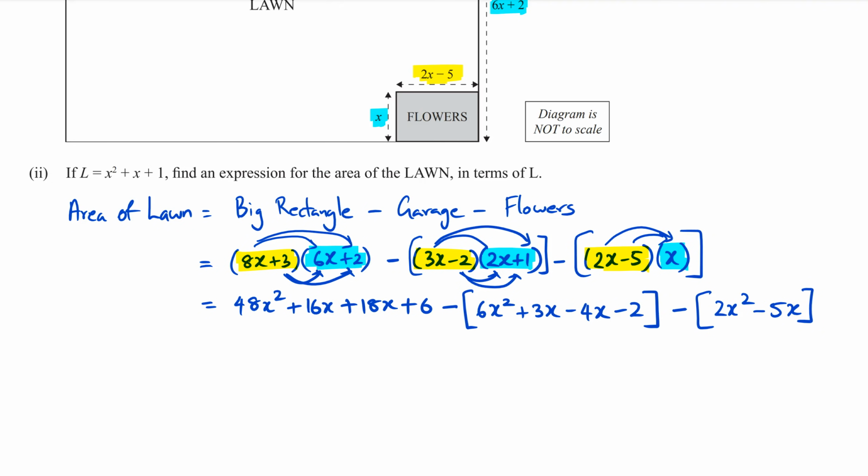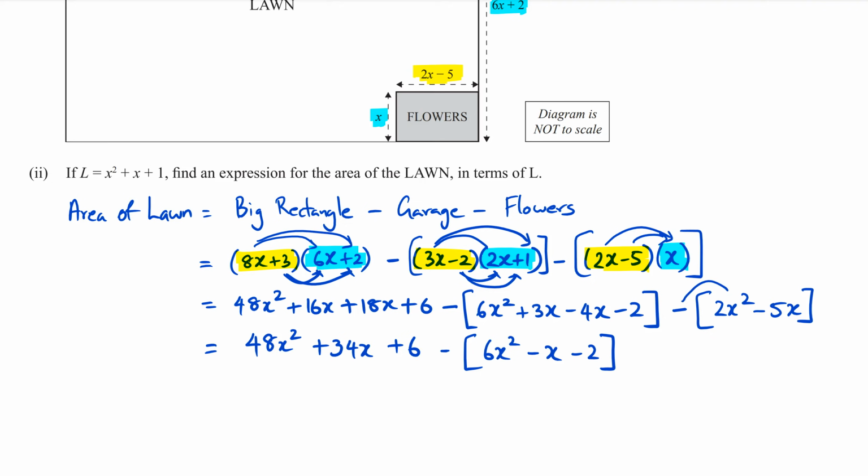So far, so good. Simplifying the x's first, I've got 16 plus 18x, which equals 34x, plus 6, minus. I'm still going to keep things in this bracket here because I want to simplify it first. So I've got 3x minus 4x, which is equal to minus x, minus 2. And of course, in this one, I can actually take out the negative.